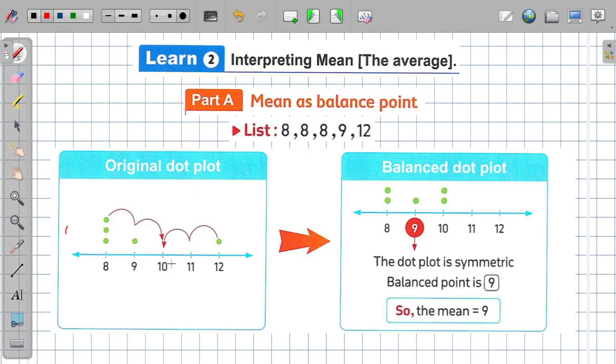If we continue and move the points like this, I will see that 9 will be the balance point of this data set. So we can say the mean is 9 or the balance point is 9. So the balance point is the mean of the data set.